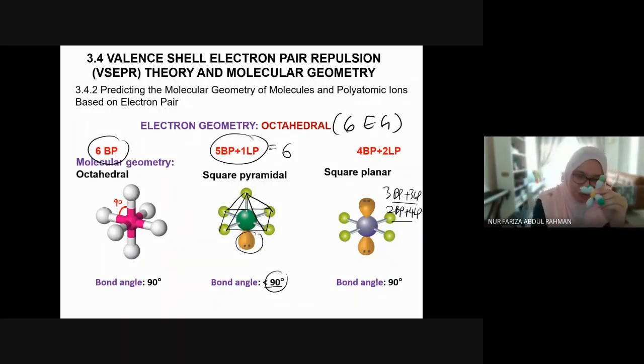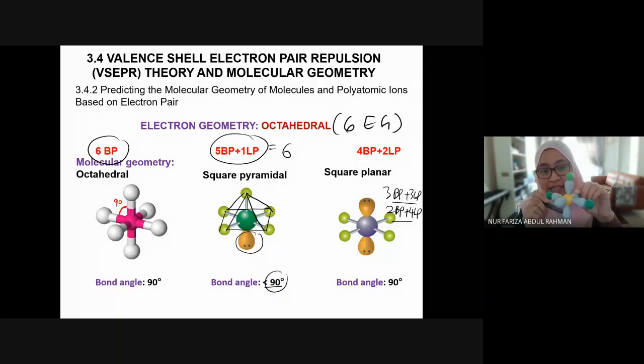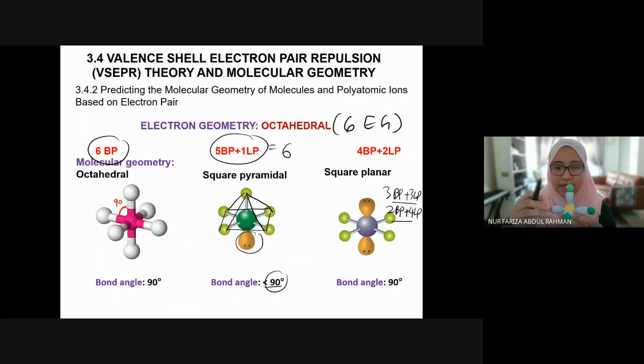Okay, the marble fell. As you can see, this lone pair here, the first one at the bottom, is now closer to the second lone pair. So this is closer. This is not good. So it should not be placed there. Any of these four cannot be placed.